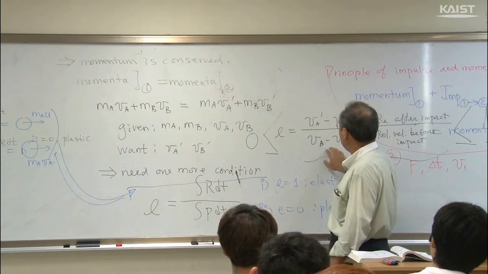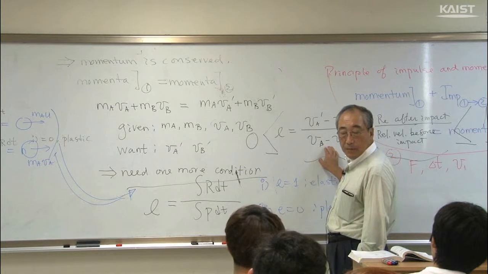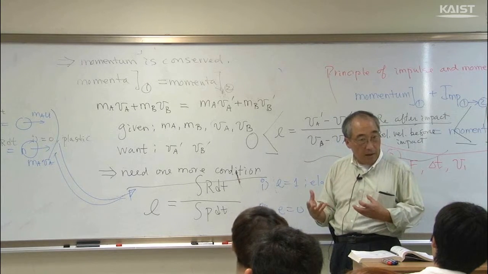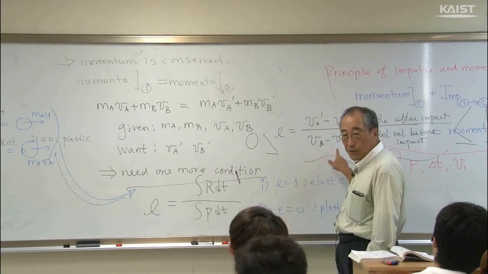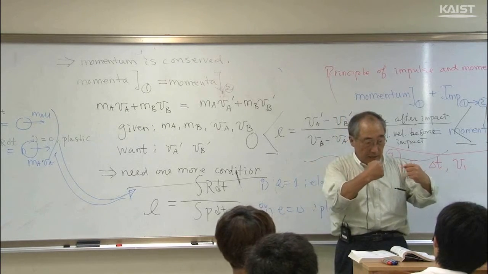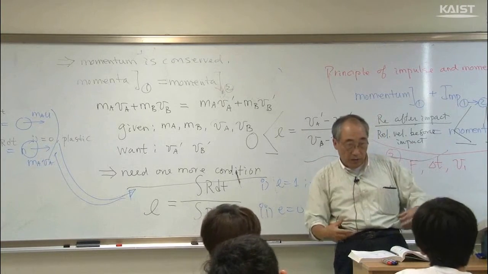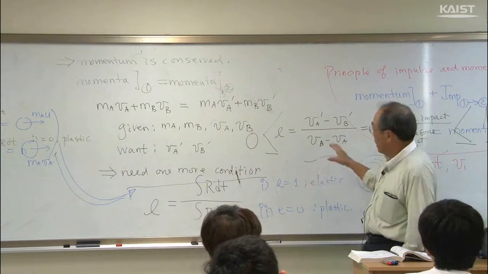Therefore, vB minus vA, this is the relative velocity observed by particle A. So in this case, particle A observes a faster velocity than before when it is moving like that, and vice versa.